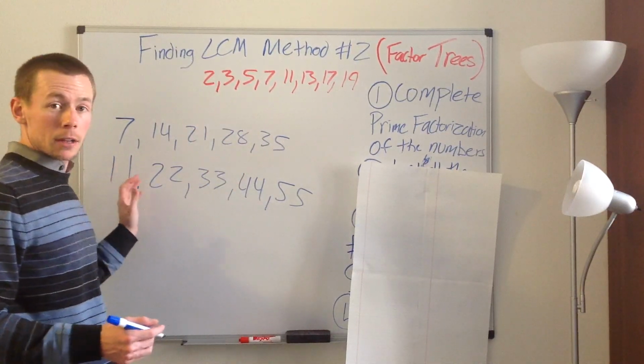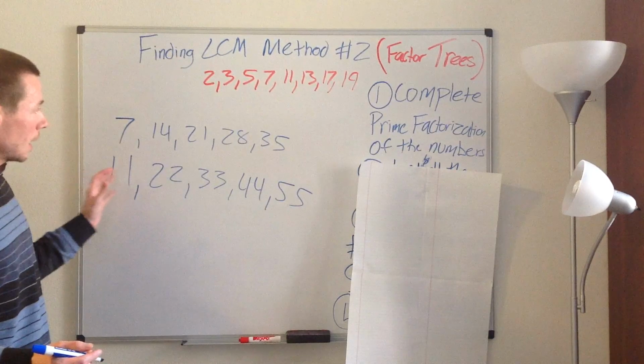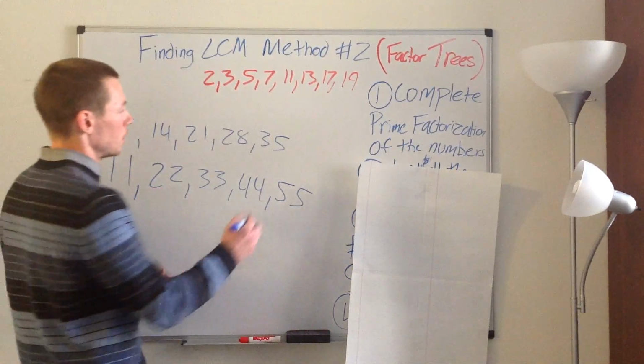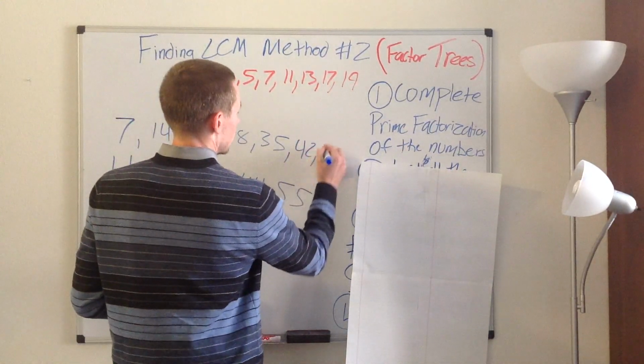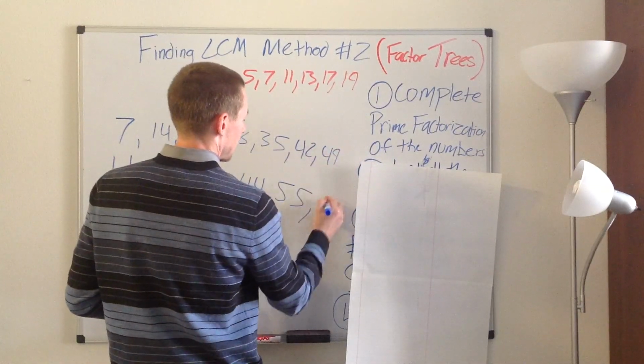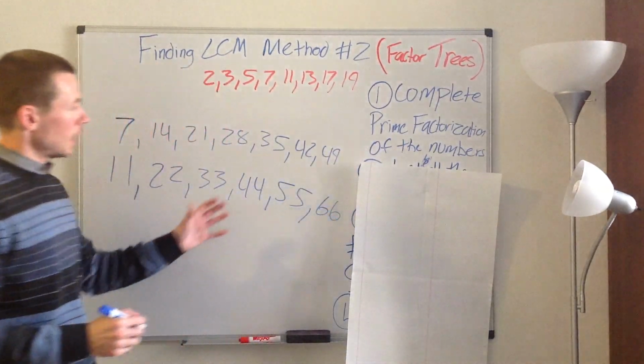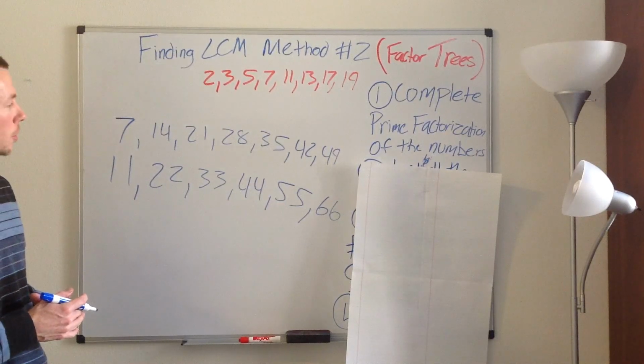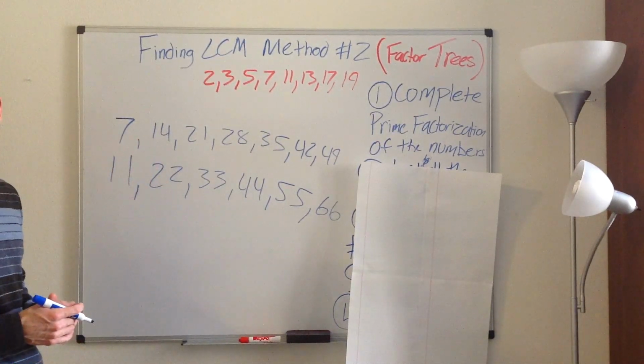But looking at 7 and 11 right now, I don't see any. So I would have to keep going. And even after adding these multiples, I still don't see a number they have in common.